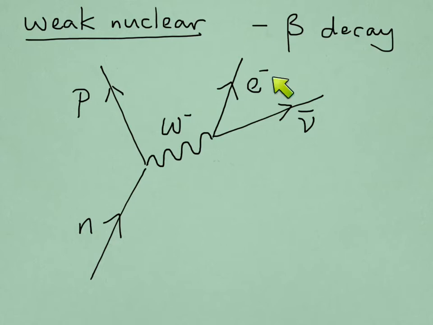So +1, -1 add up to nothing. So lepton number is conserved. And you can also see that charge is conserved because you had a negative charge going in, a negative charge coming out. That may all sound a bit complicated, so play it a few times through and see whether you're okay with it.